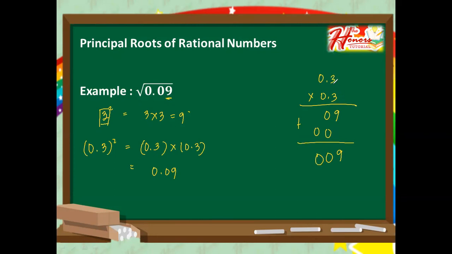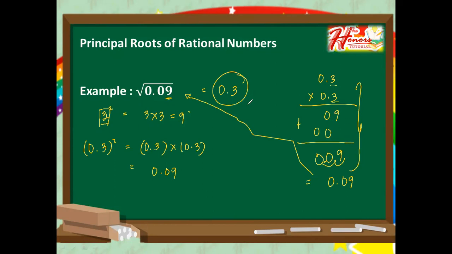Count the digits after the decimal point. So we have here 1 and 2. So we are to move the decimal point from right to left twice. 1, 2. Now, the answer is 0.09, which matches. So therefore, the answer is 0.3 for this example. Kindly have this first, the long method for multiplying decimals.